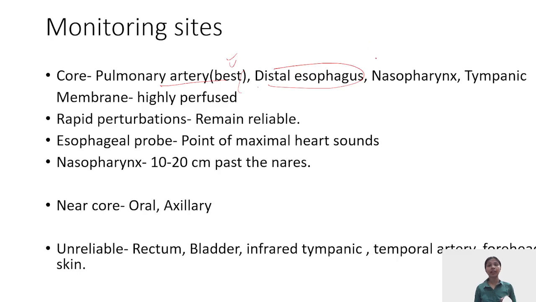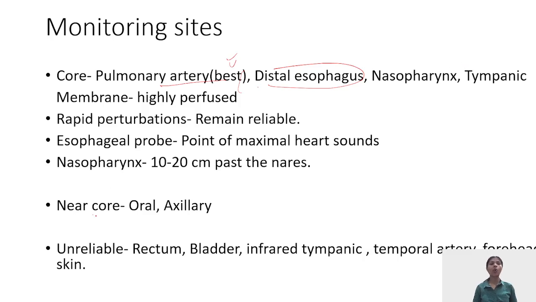Then the nasopharynx and tympanic membrane are two other sites which can be used for core body temperature. The question asked is which of the following sites can be used for core body temperature, maybe with an except, or which of them can be used: pulmonary artery, distal esophagus, nasopharynx, and tympanic membrane.